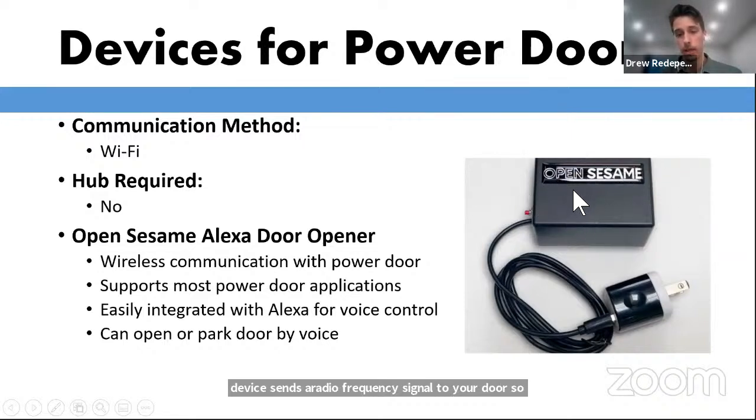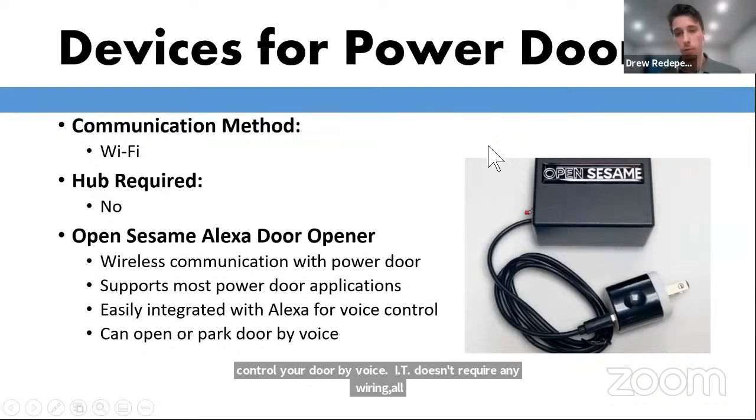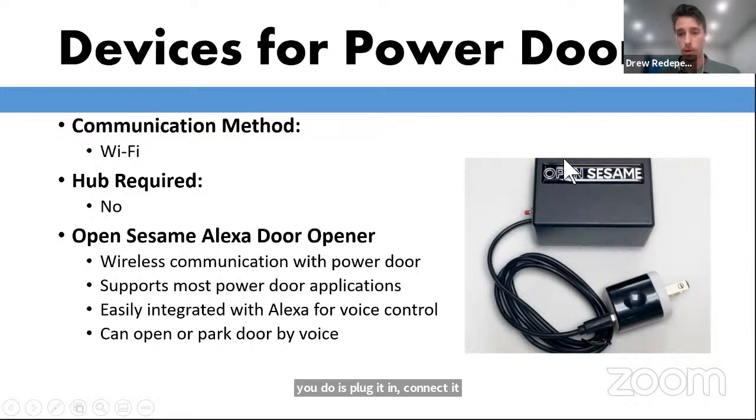It doesn't require any wiring. All you have to do is plug it in, connect it to Wi-Fi, and then connect it to Alexa. So it's a lot more straightforward than the Nexx garage door opener, and I would recommend this over the Nexx garage door opener for voice control of the power door.